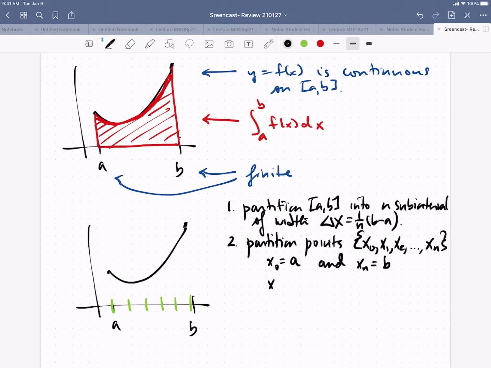It's also true that you can write the ith partition point as a plus i times delta x. And that reflects the fact that you can get to the ith partition point by starting at a and then adding i copies of delta x. That's what this formula means.